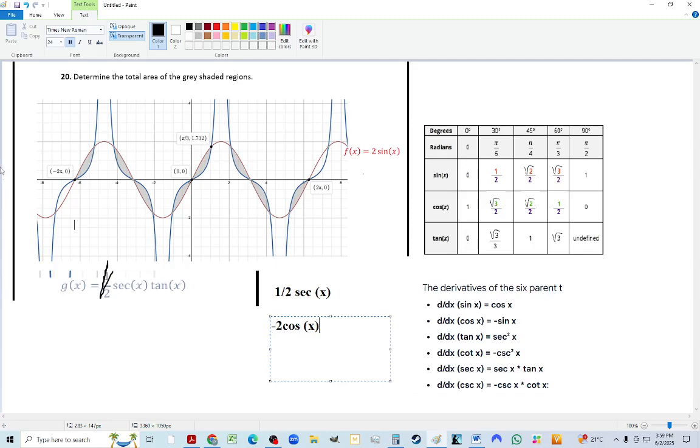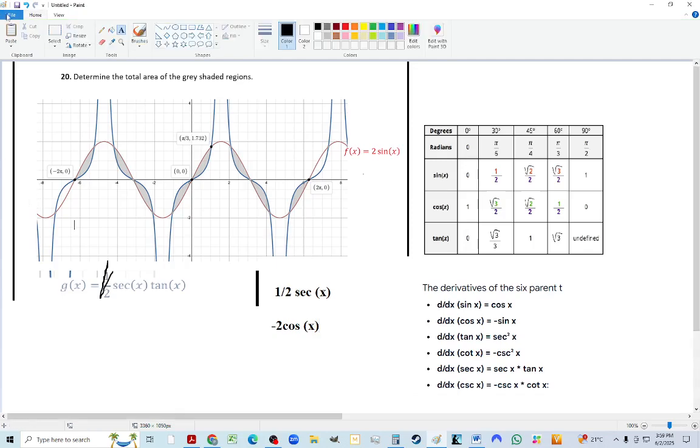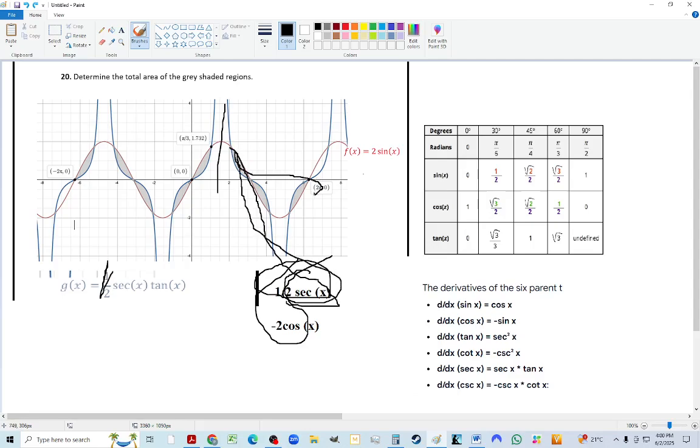But here's the problem. The secant at this point, if I'm going to use these to solve the area, the secant at this point is an asymptote. So if I was to use this for this area, and then again, I think for 2 pi, I will not get an answer.